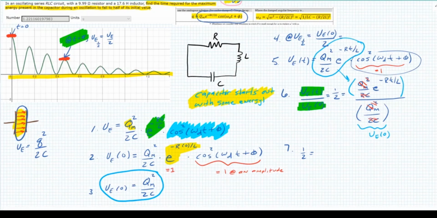So I'm left with 1/2 equals e to the minus RT over L. We've seen something very similar to this in RC circuits, chapter 27. Take the log of both sides. Natural log of 1/2 equals minus RT over L. Number 9, solve for T, and let's be done with it.